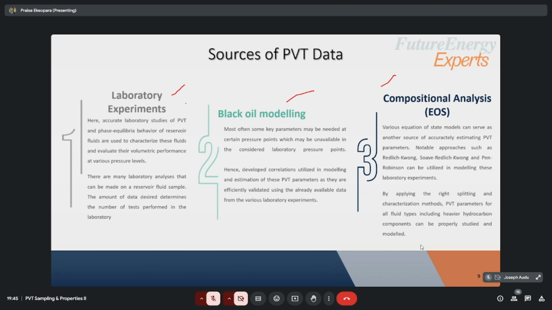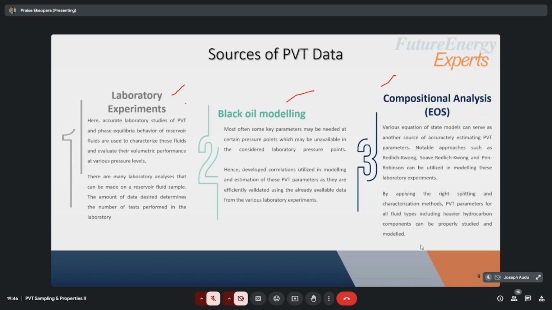Then there are still some cases where the PVT laboratory experiment will just provide us with few points that may not be enough for us to make some estimates. Another thing is that the laboratory experiment is usually done at different pressure steps.